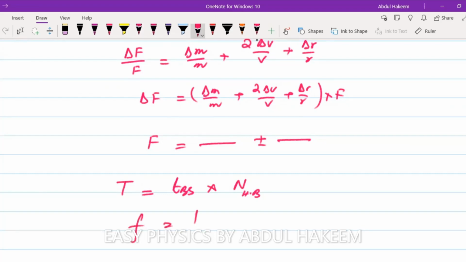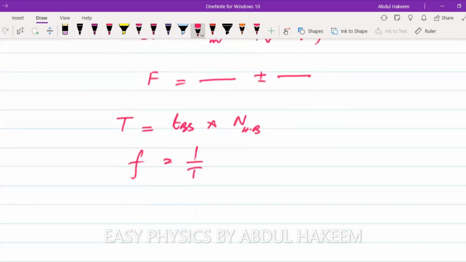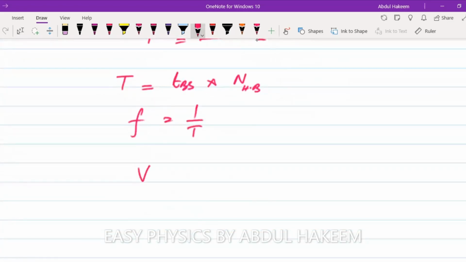Then frequency is equal to 1 over time period. And if the voltage is determined, then the voltage is vertical gain setting multiplied by the number of vertical boxes from the mean position. For the positive voltage, we will count the upper boxes, and for the negative, the lower boxes.